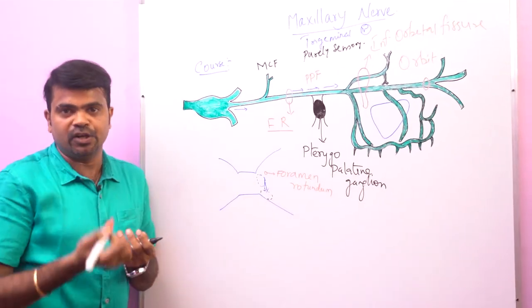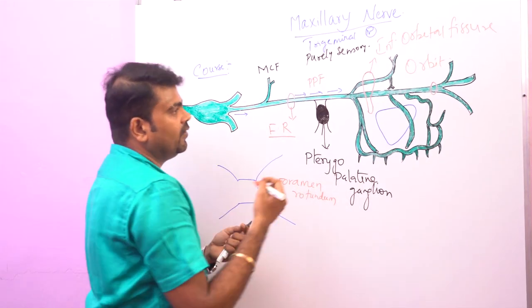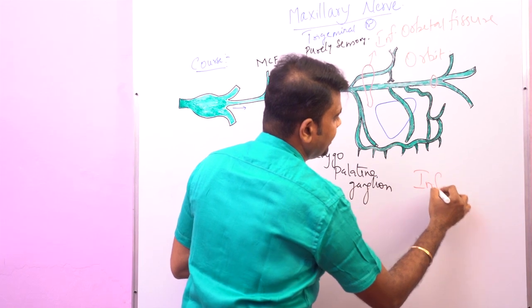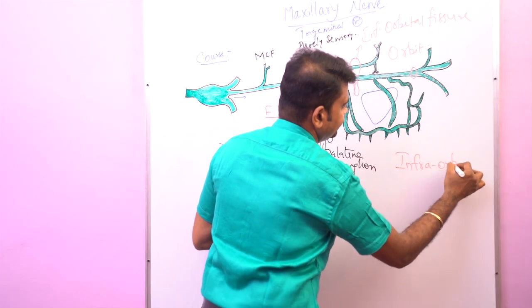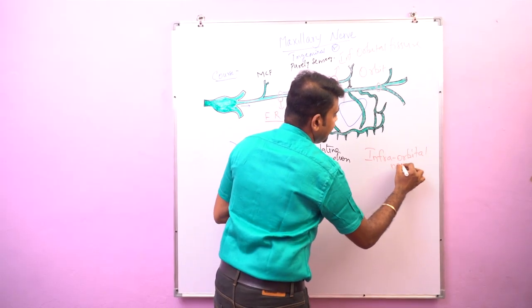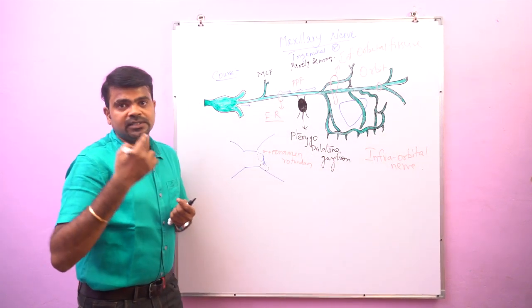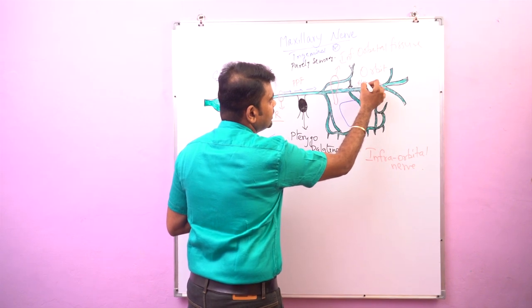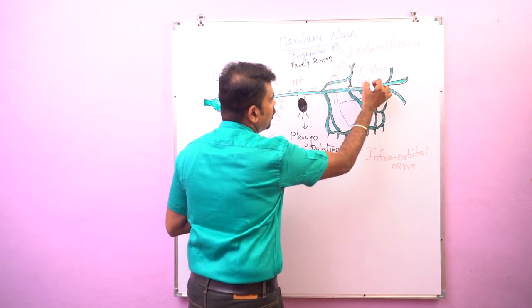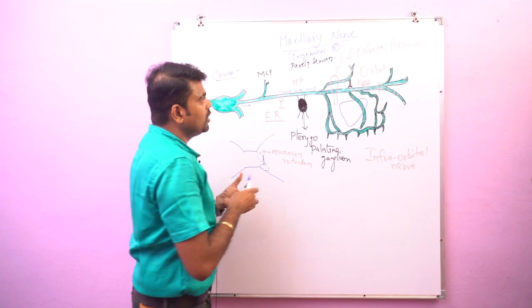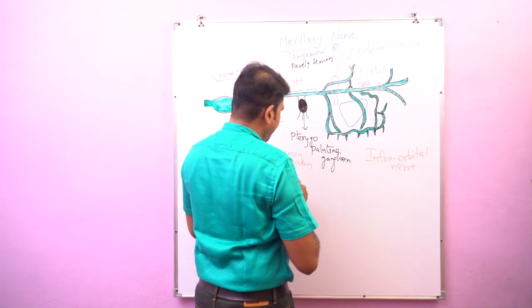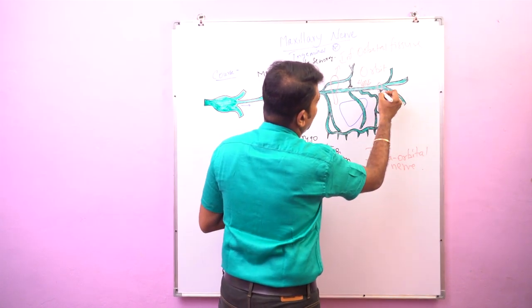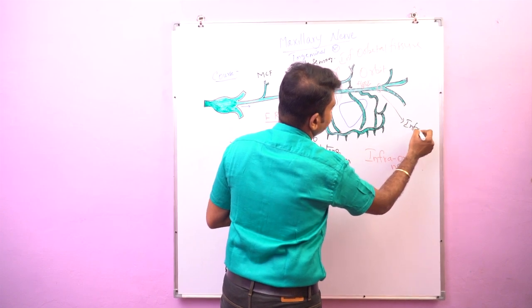Once it enters the orbit, this nerve is called the infraorbital nerve. The infraorbital nerve passes along the floor of the orbit, along the groove and canal, and finally emerges from the infraorbital foramen.